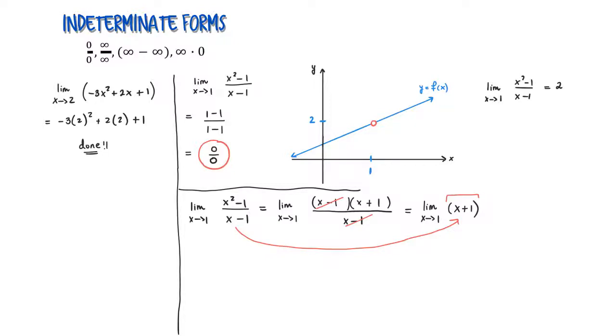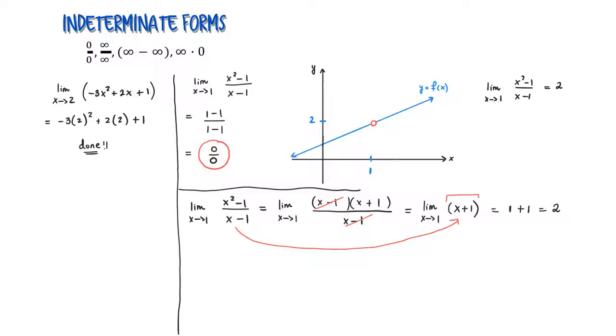And because of continuity, I can do substitution. I can go 1 plus 1 is equal to 2. So again, to recap, what we did was we took the original function, we did some algebraic manipulation to simplify it or re-express it as another function, in this case a line.